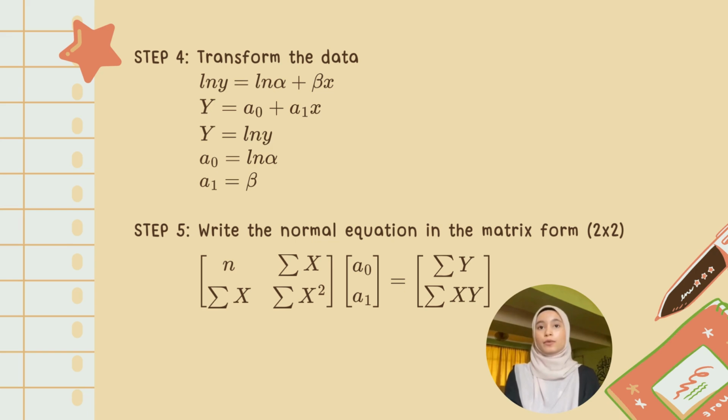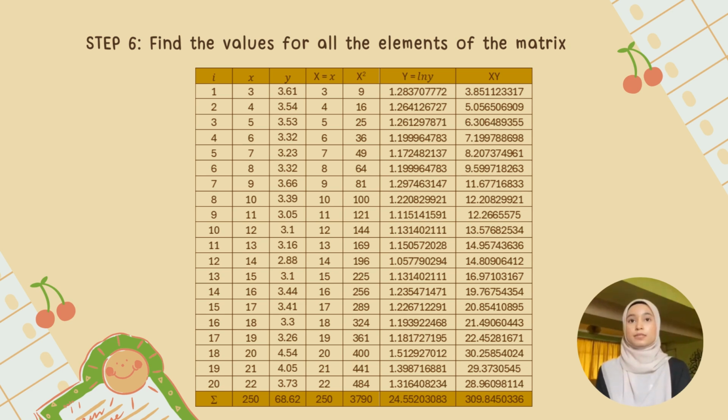Step 5, we write the normal equation in matrix form 2 by 2. For step 6, we need to find the value for all the elements of the matrix. So we find the value of x, x squared, y, xy, and we find all the summation of the elements.